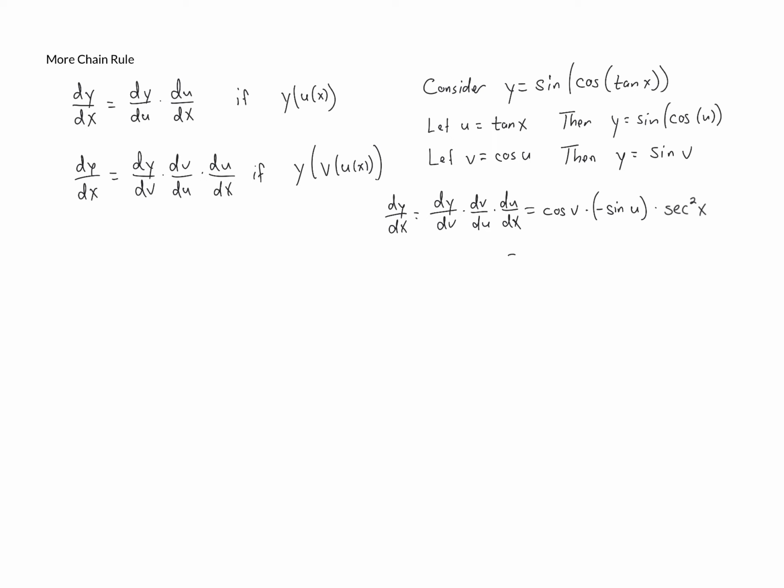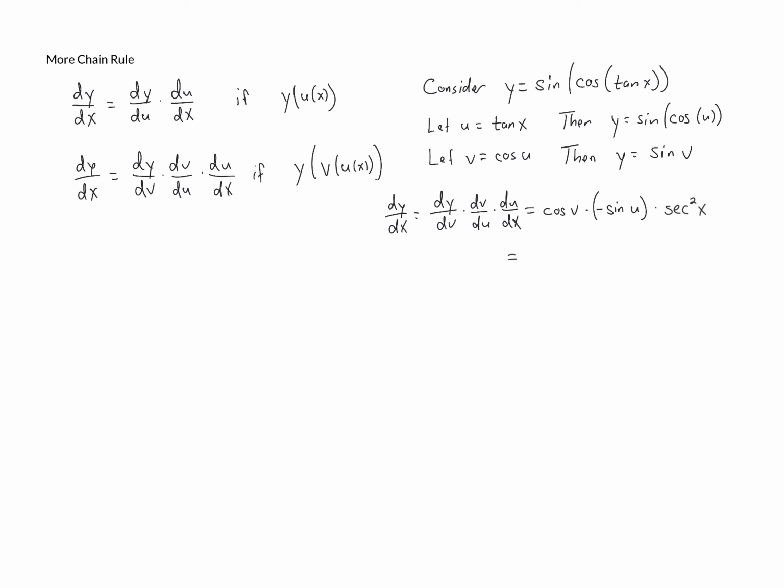But we have to write everything in terms of x. We don't want u's and v's in our answers. So if we look at cosine of v, well, we know that v is cosine of u, but u is tangent of x. So v is really cosine of tangent of x.